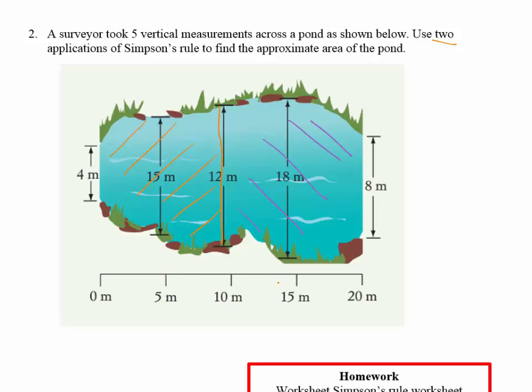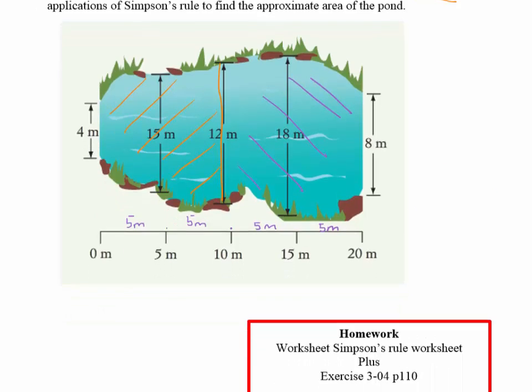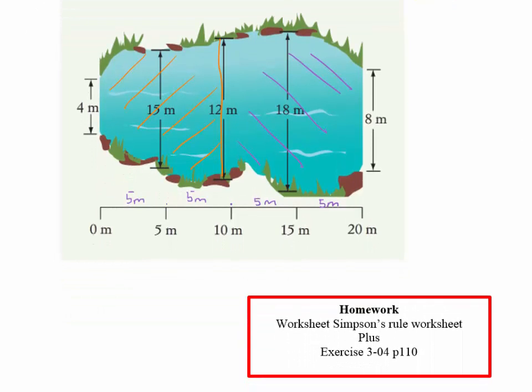Now here along the bottom, it tells me the whole thing is 20, but remember we need to divide it into equal parts. So each boundary here is really just 5 metres. So all of these are 5 metres. 5 metres and 5 metres. So now all it leaves us to do is to find out what this is going to be. If I call this area 1, let's find out area 1.